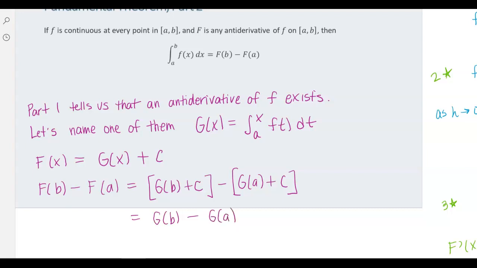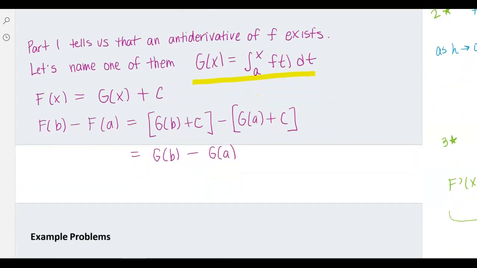I know it looks like we're just making a variable exchange, but what we're doing is we're going back to the definition that we had before in part one of the theorem. And so now what I'm going to do is I'm going to rewrite these in terms of that definition that I've got underlined. Hang on, let me pause for a second.